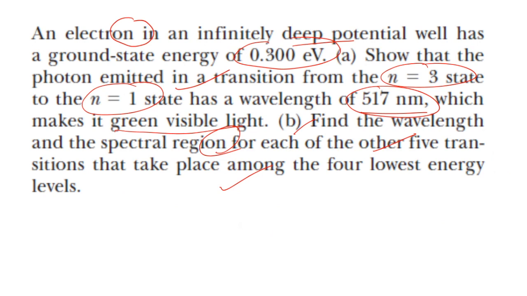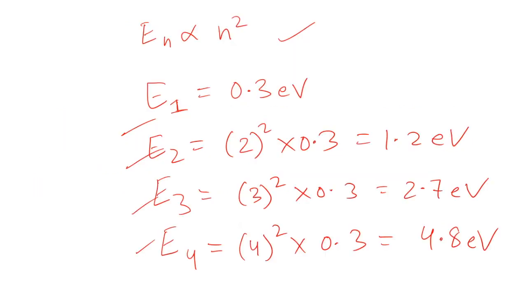For the second part, find the wavelength and spectral region for each of the 5 transitions that take place among the 4 lowest energy levels. That's why we calculated the 4 energy levels. Now we'll find in what spectral region they lie. First of all, let's take the transition from E2 to E1.